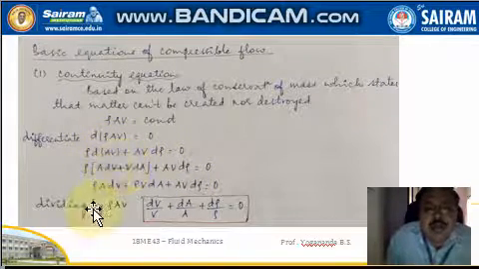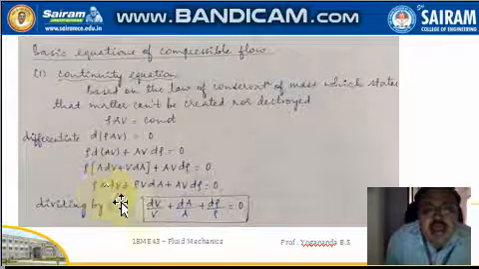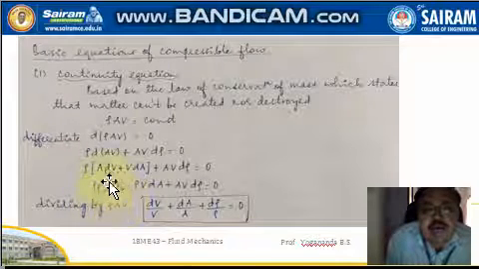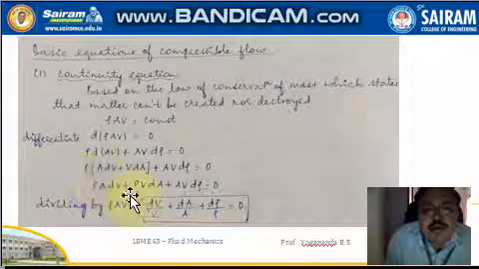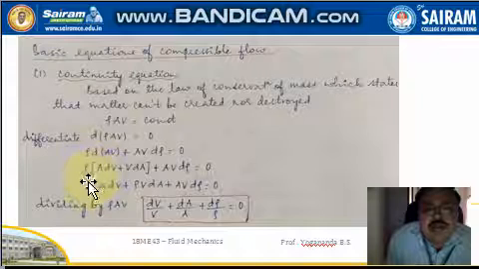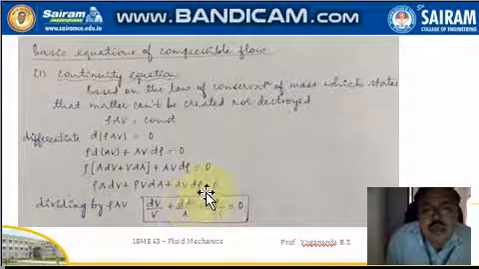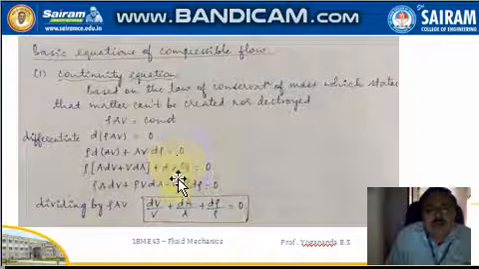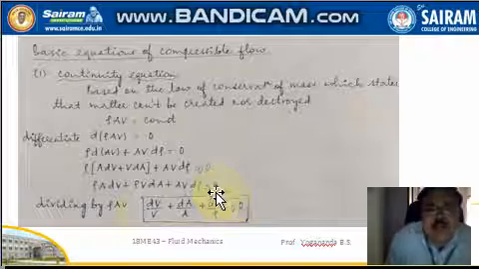The next step is rho into A into dV plus rho into V into dA, multiplying these two terms by rho, plus AV into d rho equal to 0.